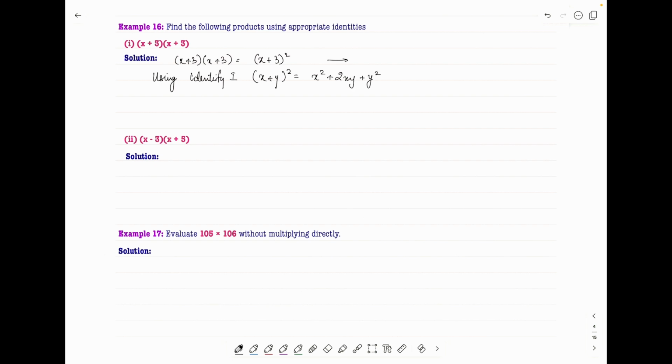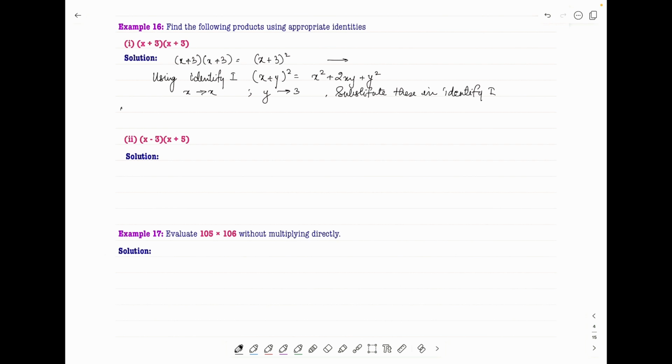Here instead of x, x is there, but instead of y, 3 is there. So substitute these in the first identity.